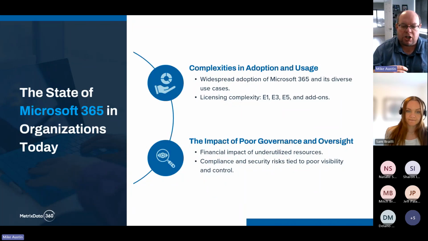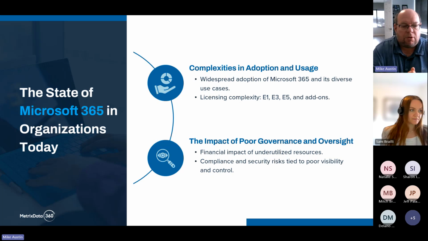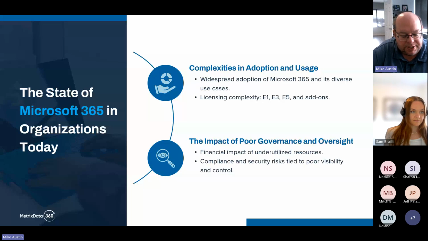And a big part of the challenge that organizations are having is poor governance and oversight, right? So a lot of the times what we see is we deployed Office 365, we put some thought into it, and then we just deployed. Where that really ends up impacting organizations, for instance, is, we had a client that just recently had deployed E5s to about 95% of their organization.